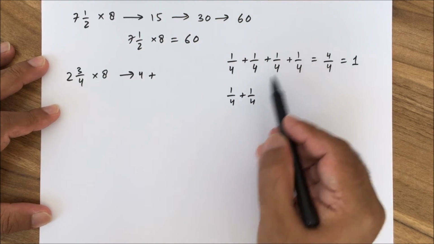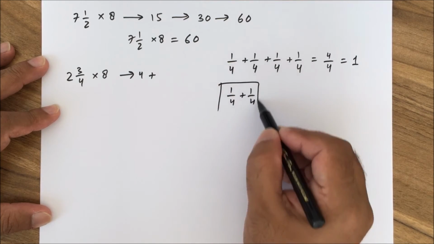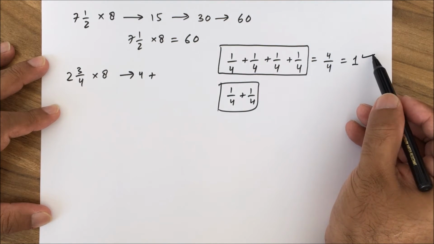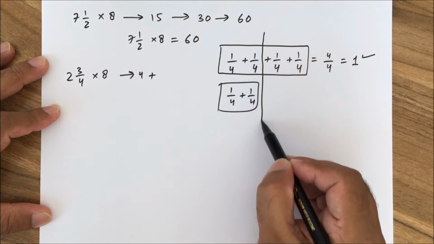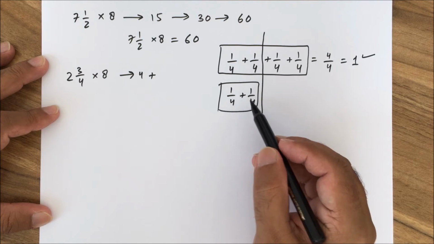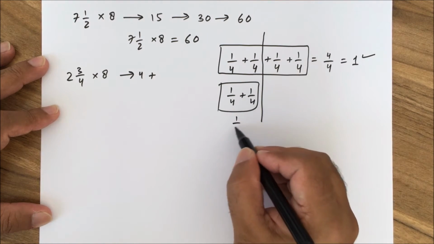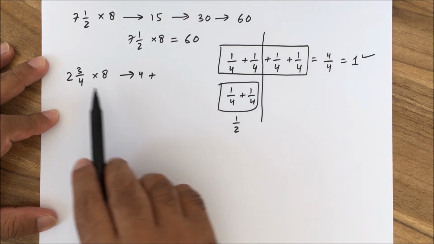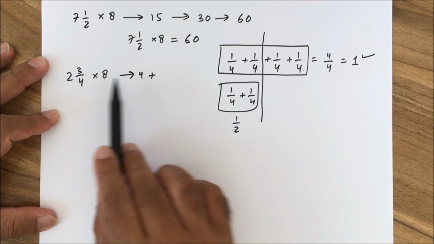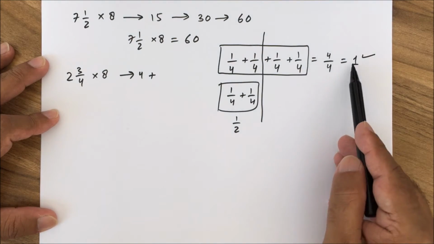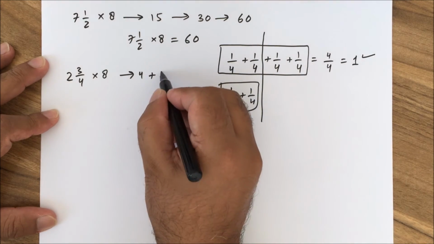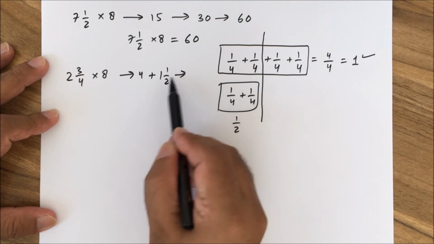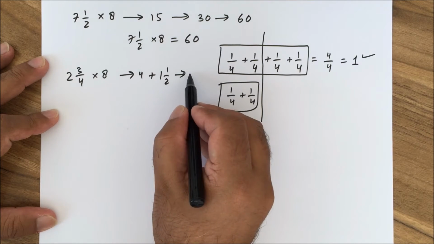So 1, 2, 3, 4, 5, 6. And we can see that if this total is equal to 1 here, half of it, this is half of 1, that is half. Double of 1/4 is half. So we have 6/4. Double of 3/4 is 6/4. 1, 2, 3, 4. It means 1.5. So 1.5 I have, and then if I add 4 and 1.5, it's 5.5.